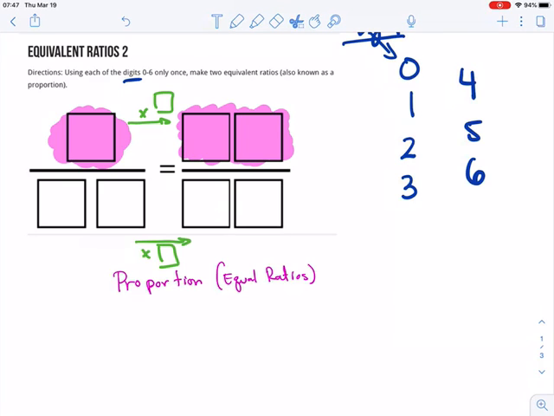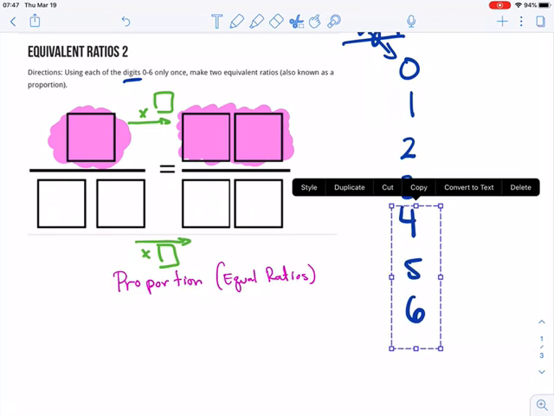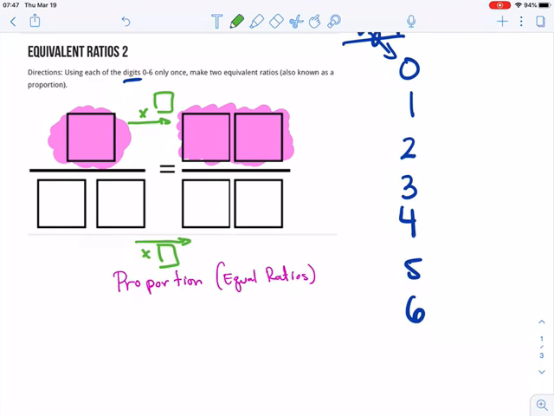So if I organize this like this, I'm just going to write my multiples off to the side. This one's just going to be 0. So if I multiply by 1, by 2, by 3, by 4, and by 5, 1 times 0 is 0, 2 times 0 is 0. These are all zeros, okay? And then I have 1, 2, 3, 4, 5.